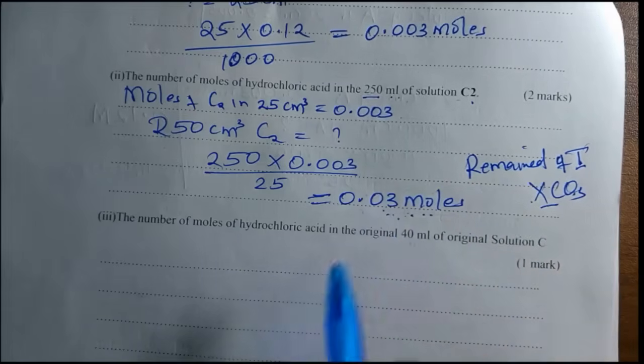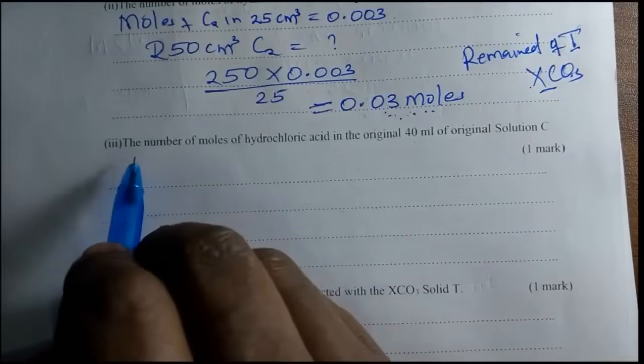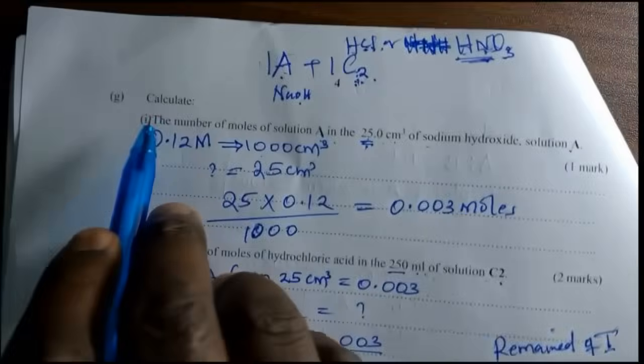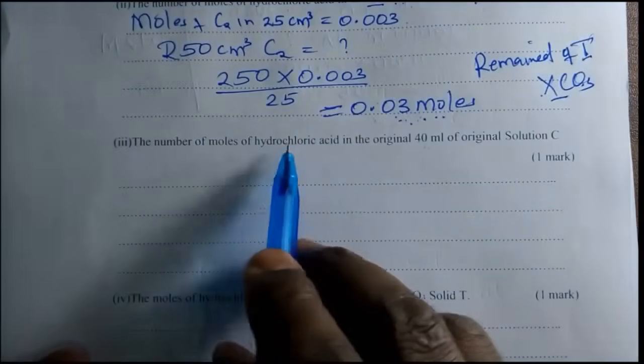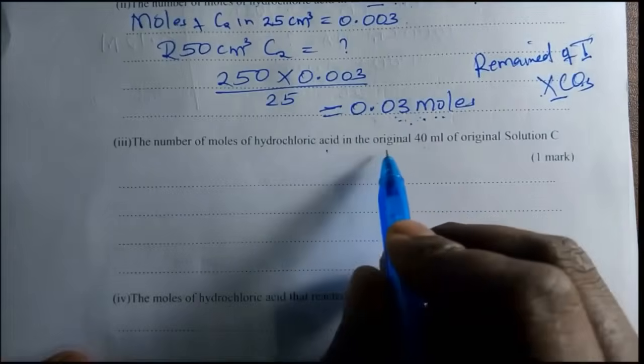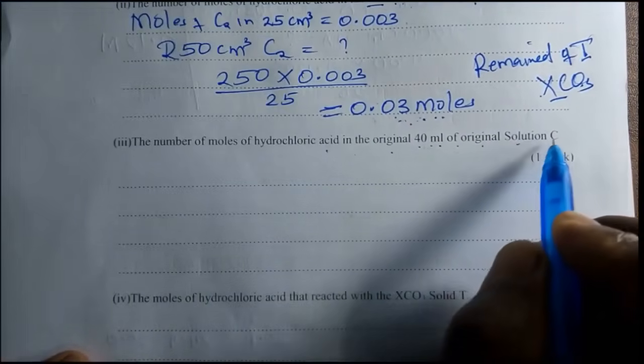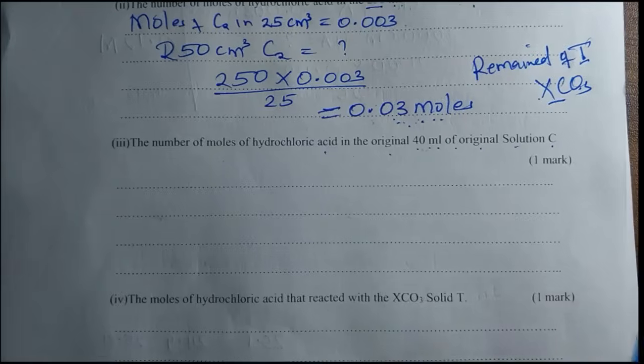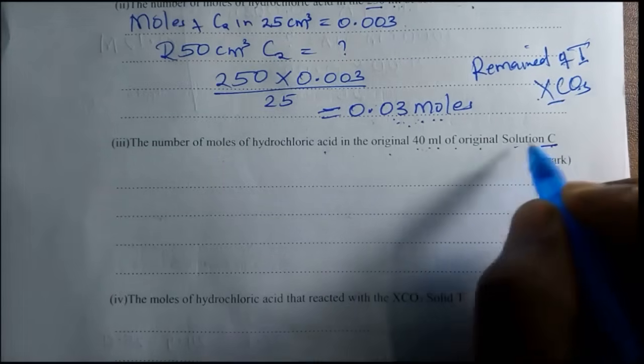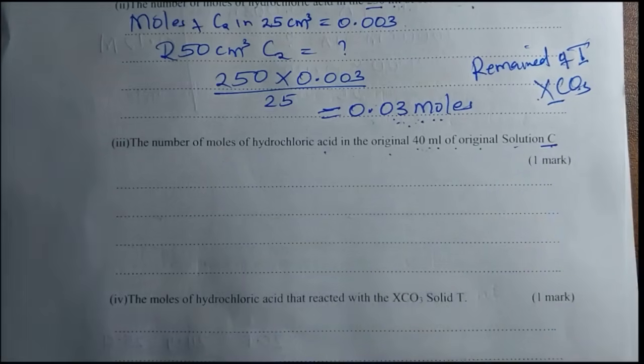Now the question begins here: calculate the number of moles of hydrochloric acid in the original 40 centimeters cube of original solution C. Go back and check solution C, what was the molarity? We were given that solution C is 1 molar.